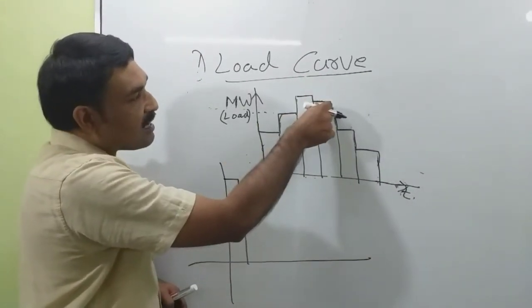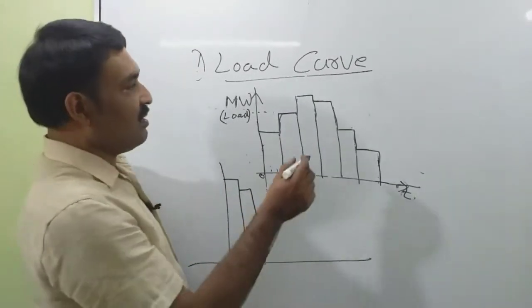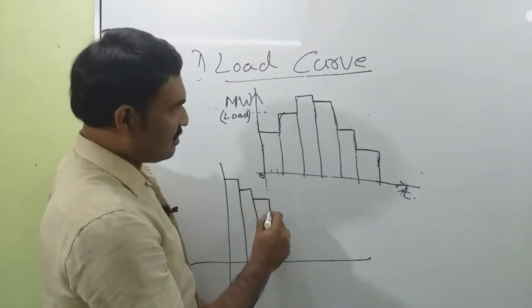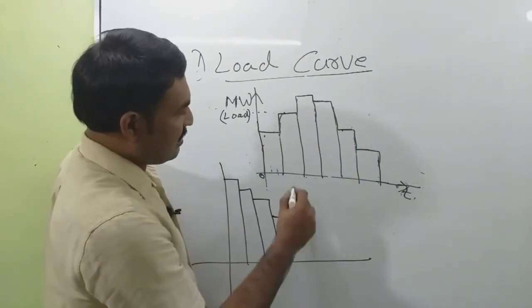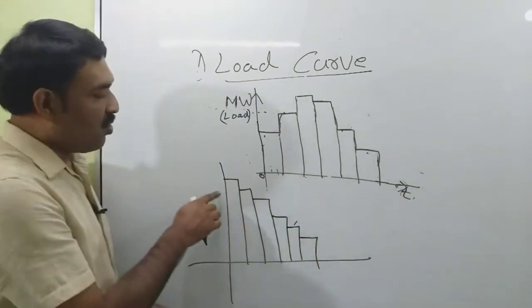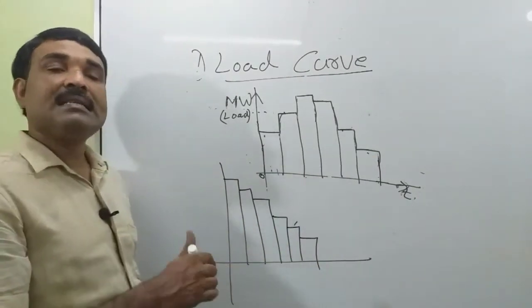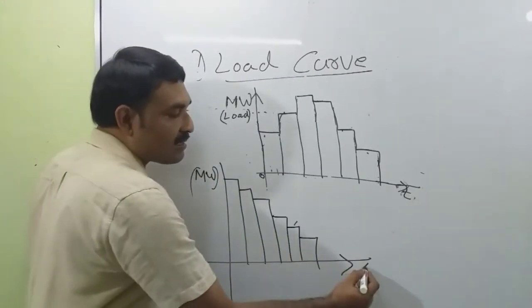Then second is this, arranging in descending order. Then third is this load, and fourth is this load, and again this load, and this load. So this is arranged in the descending order. This is the load in megawatt and this is the time duration.